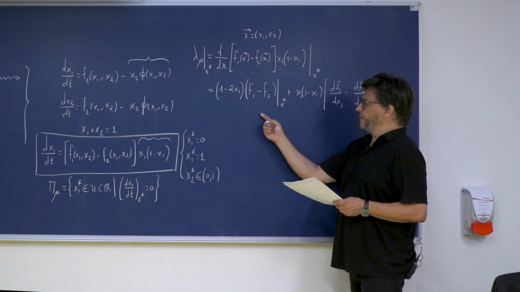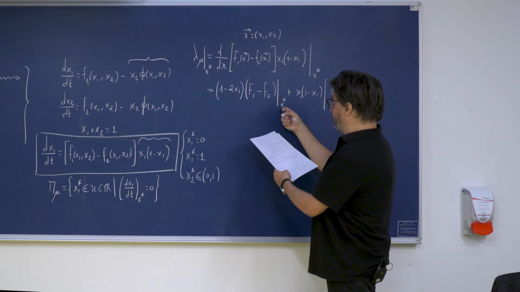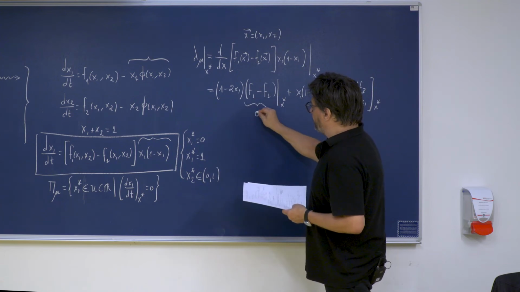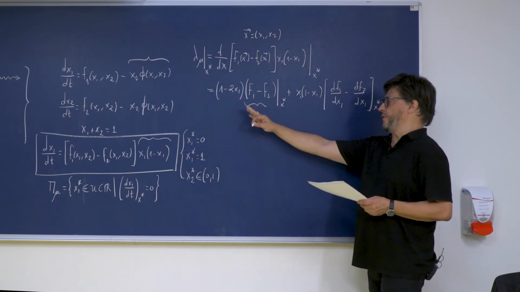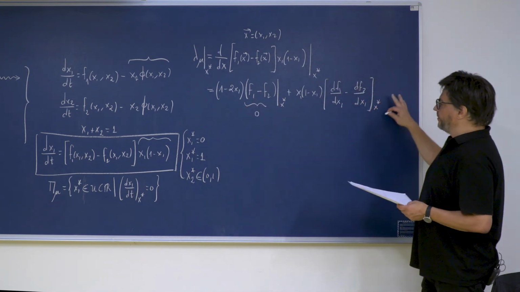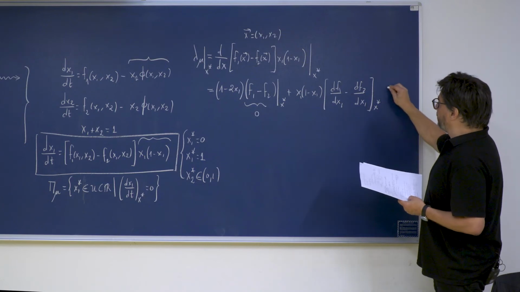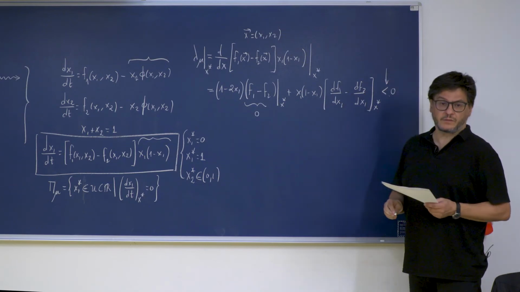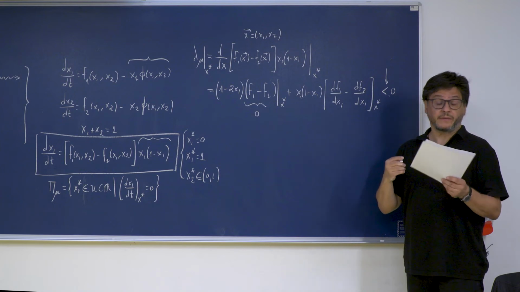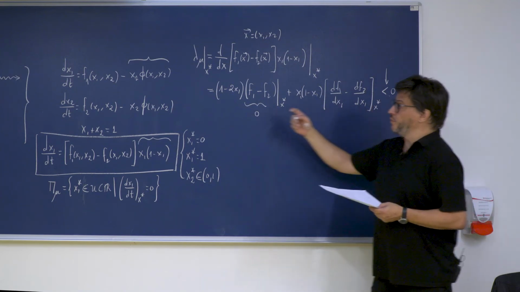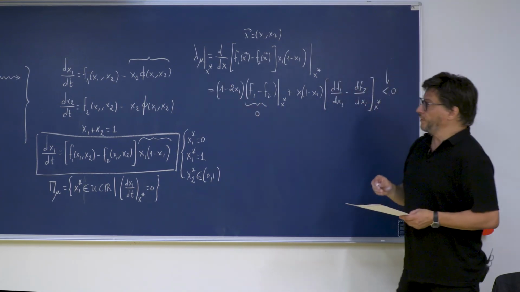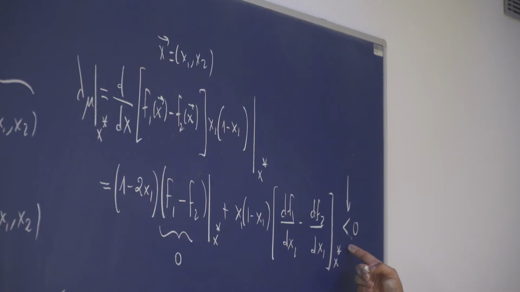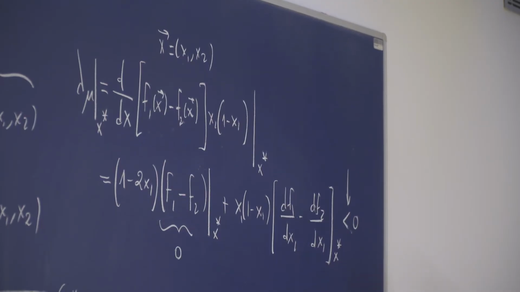One good thing about this part is that for the stable equilibrium, this is just 0, so you can forget about this part here. And what remains is this here. And the question I'm asking myself is, under what conditions is this going to be less than 0? Remember, that's the condition imposed on lambda so that the fixed point is stable, right? That's my condition for stability, but I'm almost there. Look at this.